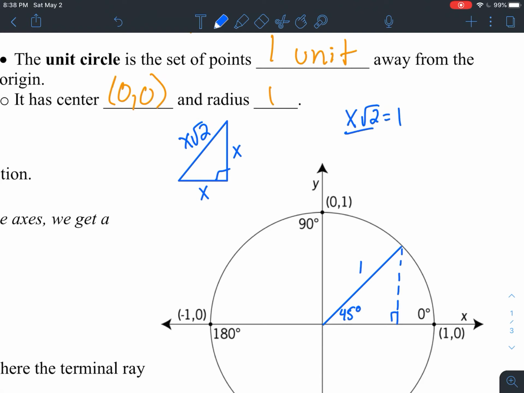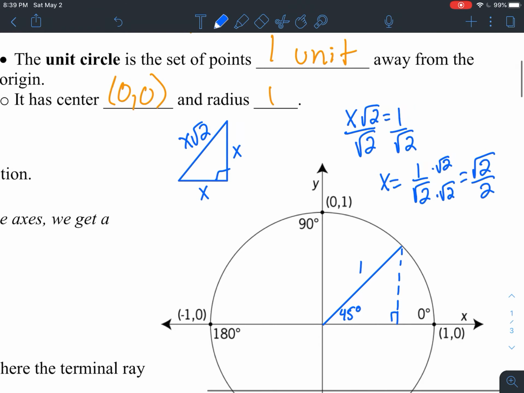In this case, I have to divide by the square root of 2 on both sides, and x is 1 over the square root of 2. But we can't leave it in that form. I have to make sure that I have everything rationalized. So I'm going to multiply by the square root of 2 on top and bottom, and what I end up with is the square root of 2 over 2. And that's what the length of each of my 2 legs is.